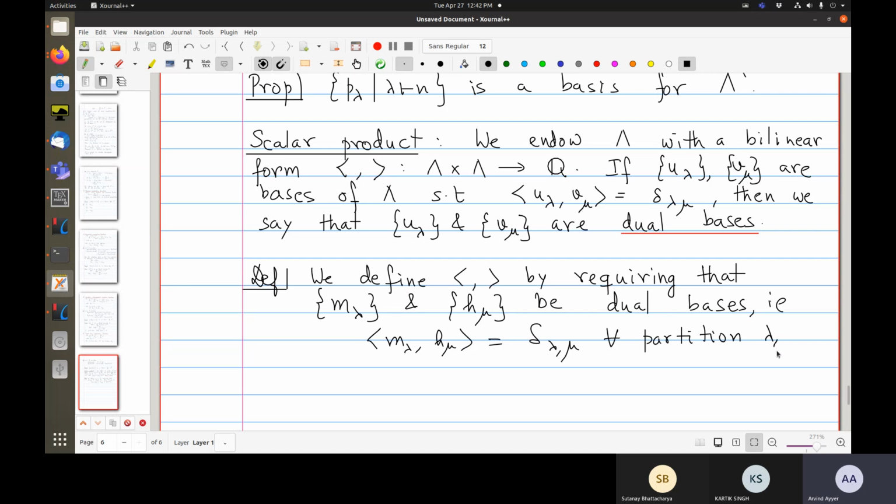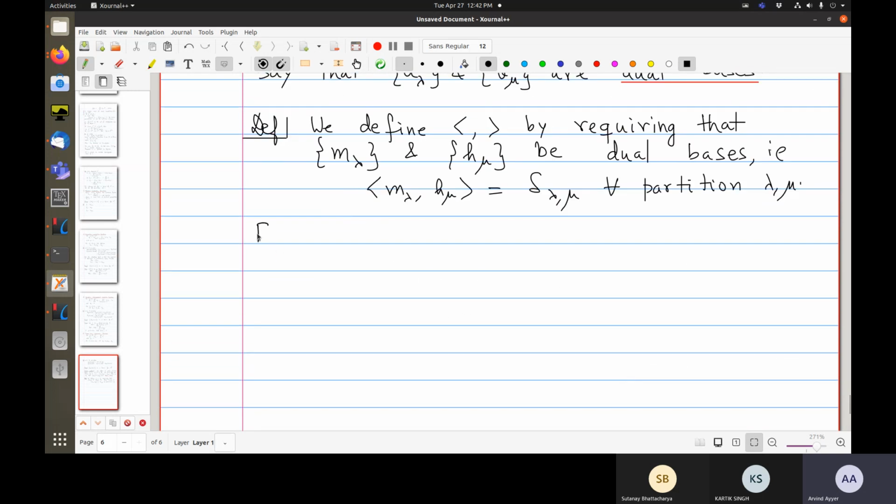Okay, so one property of this, which might make it more palatable, is the following. I need to define something. So for lambda a partition of n, write lambda in frequency notation.